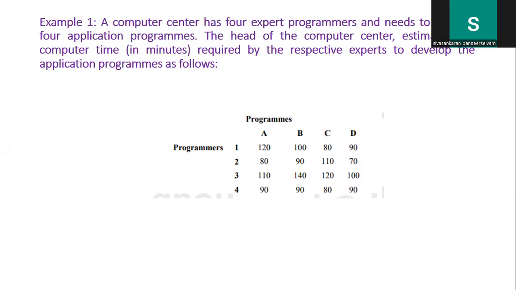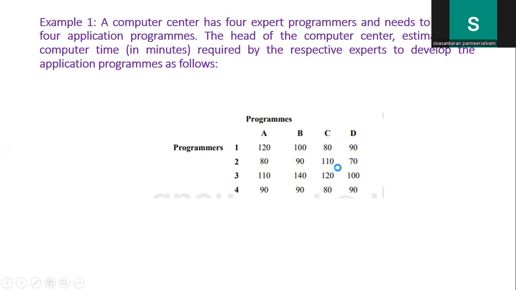We want to find the overall minimum time in which all 4 expert programmers are able to complete the 4 different tasks. Likewise, for the other 3 rows in the table, the corresponding time slots have been given in minutes.